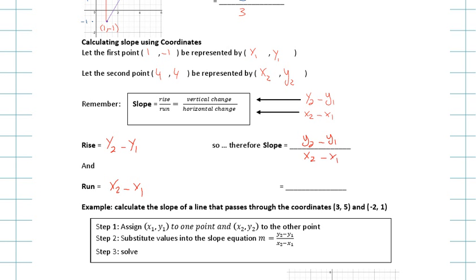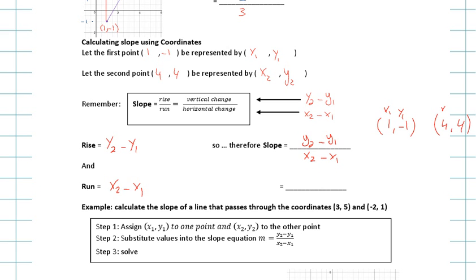Okay? So here's the situation that I have. I have 2 points, right? I identified these points right here. My first point was 1, negative 1, and I called this x1 and this y1. My second point is 4 and 4, and I called this x2, y2.